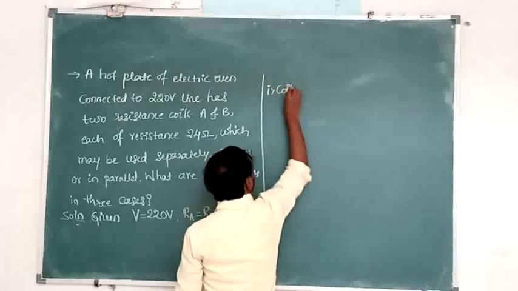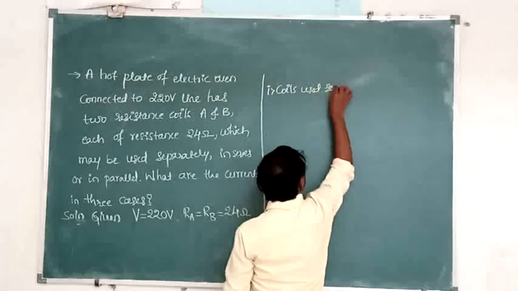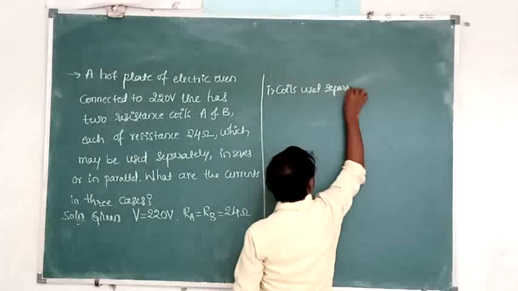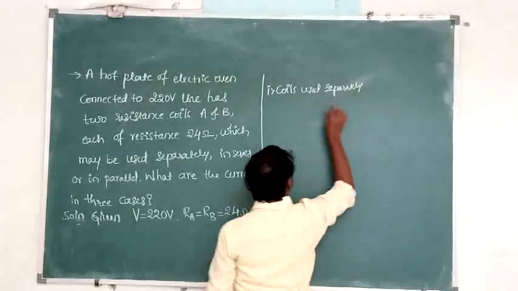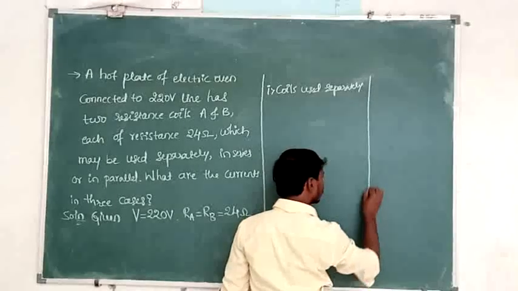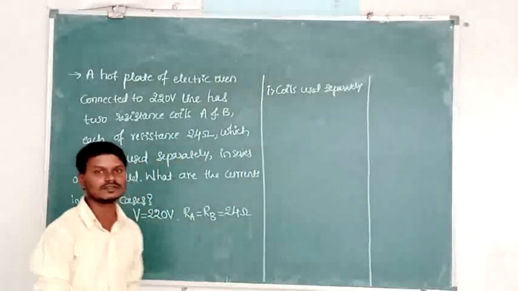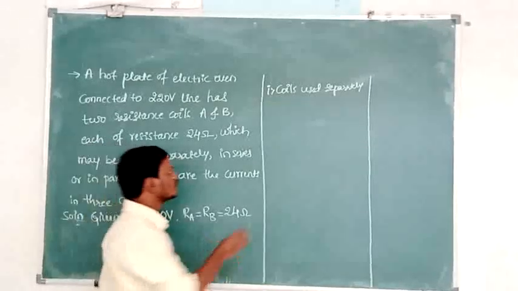First case, if the coils are used separately, what is the current through each coil?